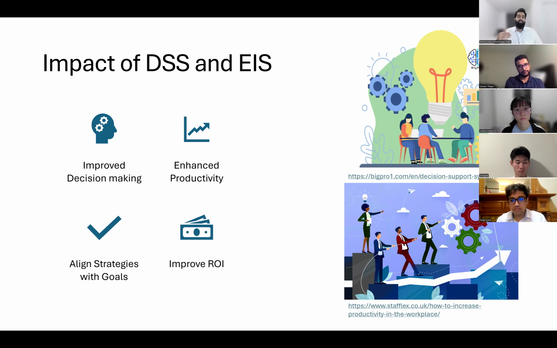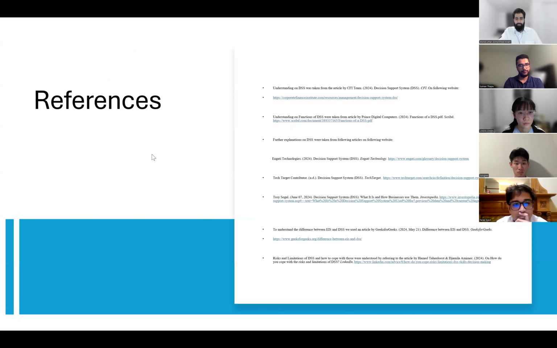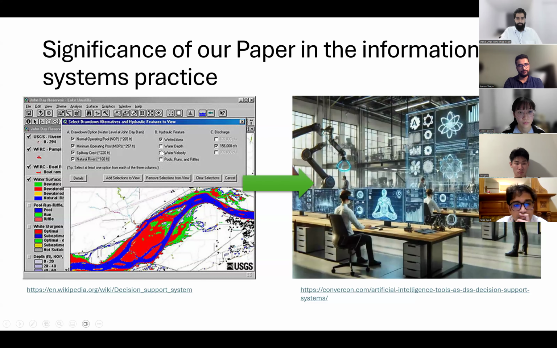And lastly, the ultimate goal that I think most business organizations want is to improve their return on investment. Coming to the significance of this and why we selected this, DSS and EIS are not systems that came to market today or last year or recently.